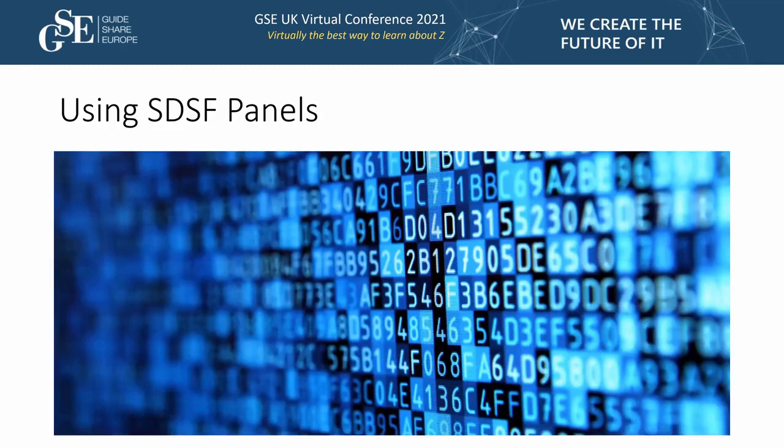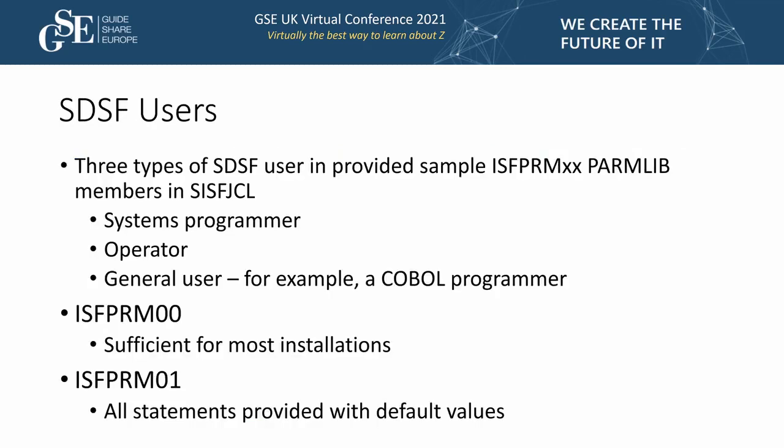Okay, so let's think about what happens when you actually try to use SDSF panels. So we've got three styles of user, and we provide sample statements for those in ISFPRM00 and 01 in SISFJCL, which is like our shipped sample installation data set.